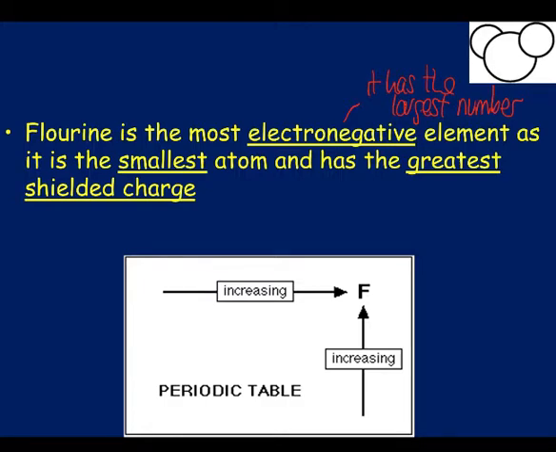And the reason why it is the most electronegative is because it's the smallest atom and it has the greatest shielded charge. So what does that mean? That means its outer electrons, so the ones it's going to share, they're the closest they can get to the nucleus. So if you're in the next period down, you're now further away, you've got that shielding, and that has an effect.